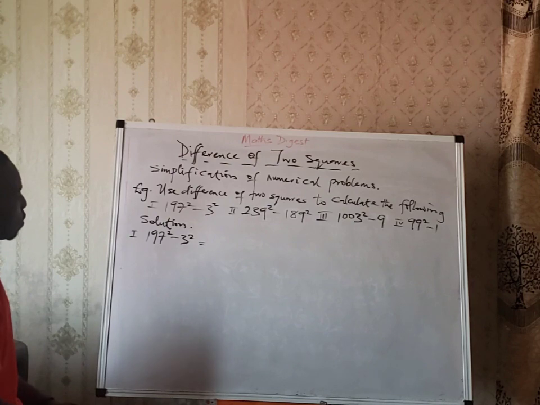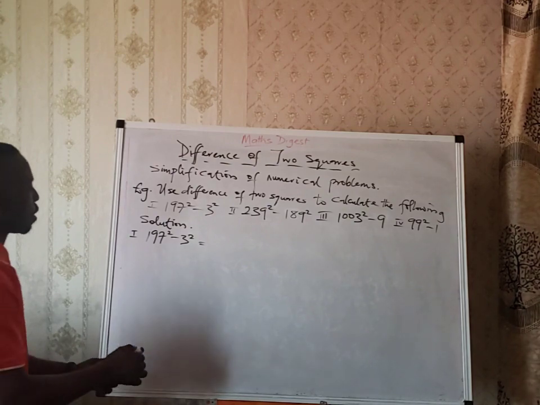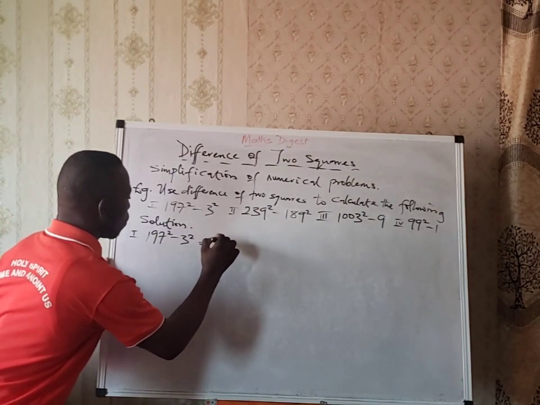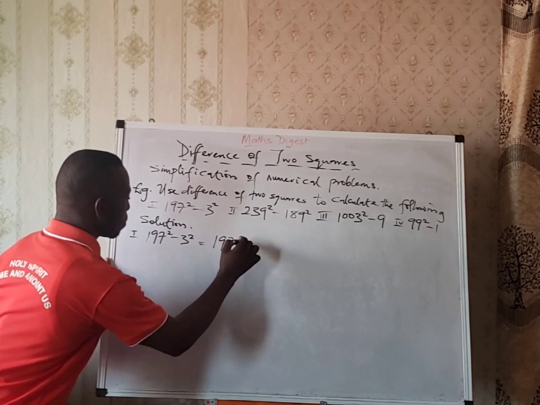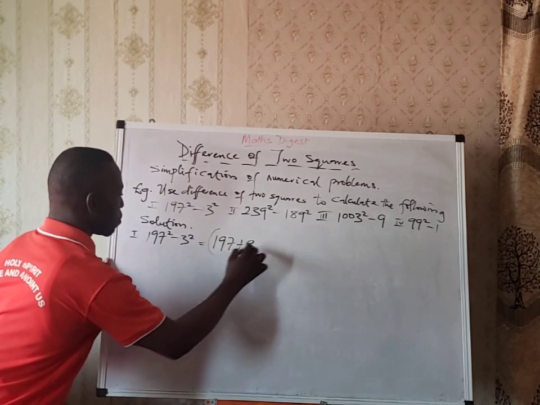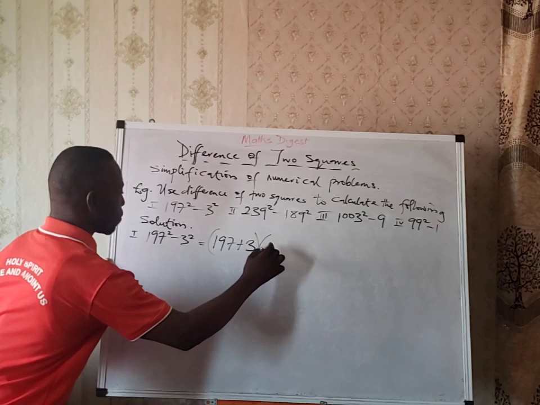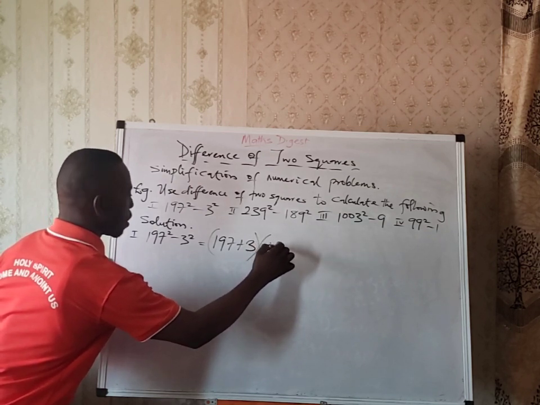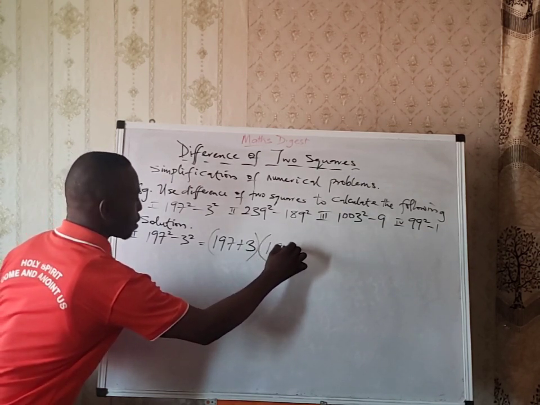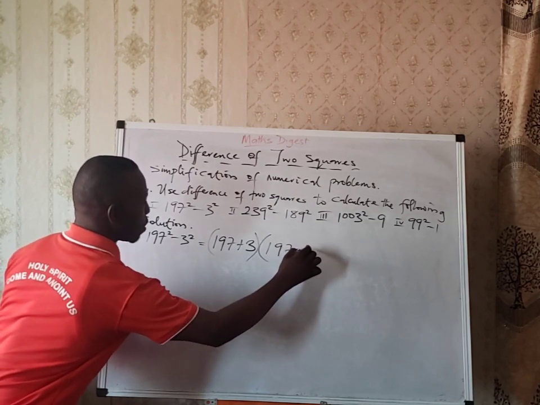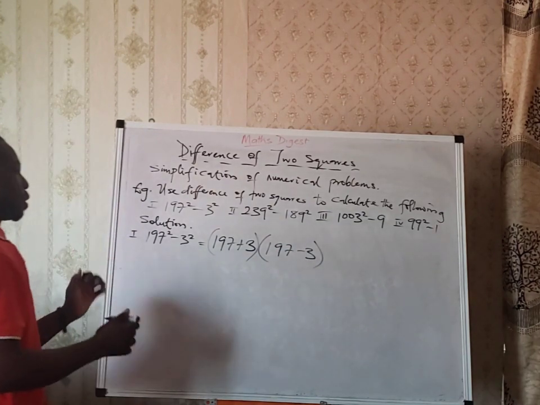With this we can simply say 197 plus 3 in brackets, and 197 minus 3 in brackets again.